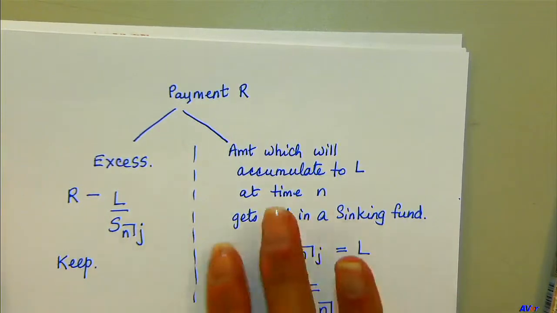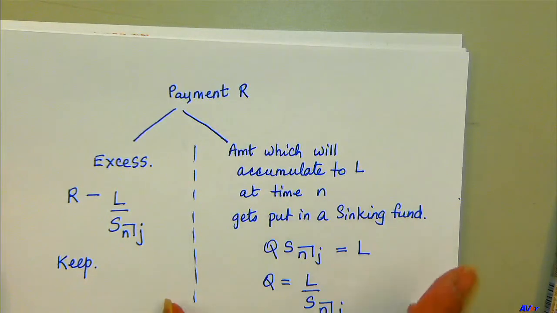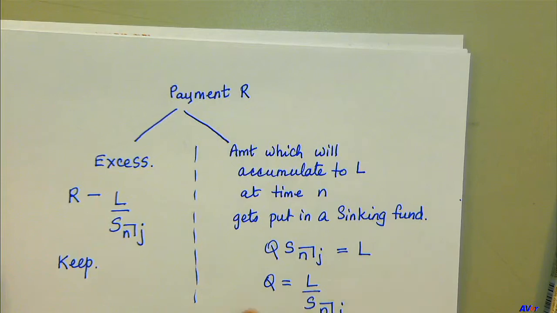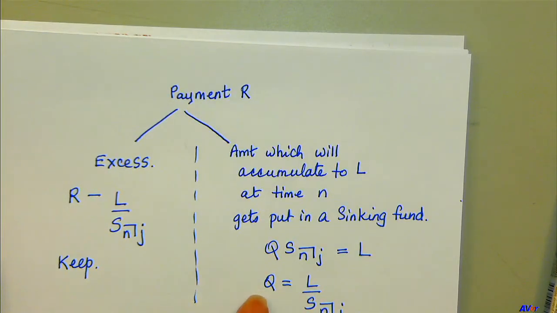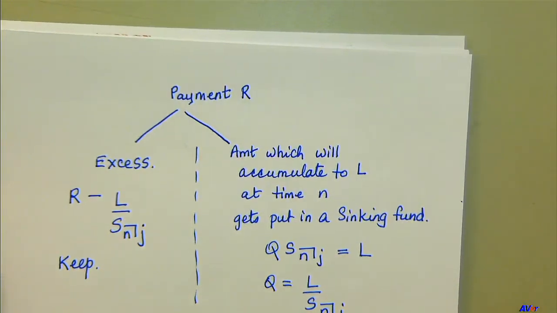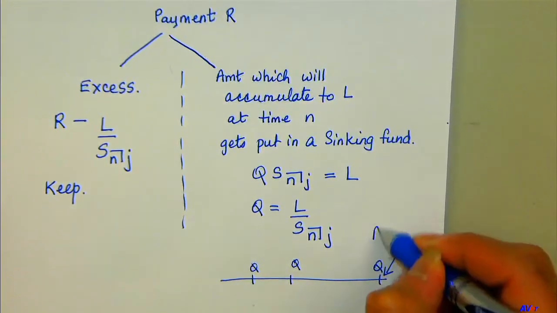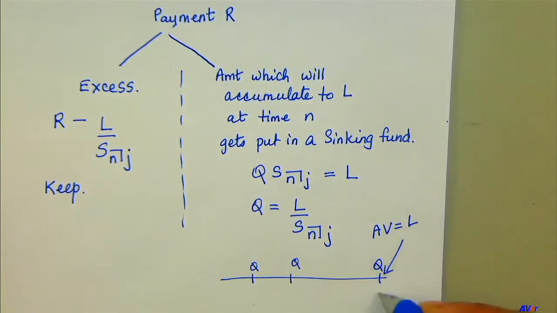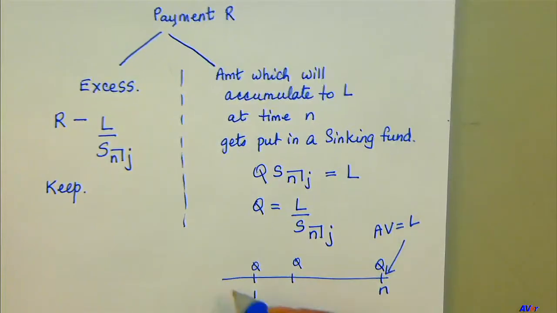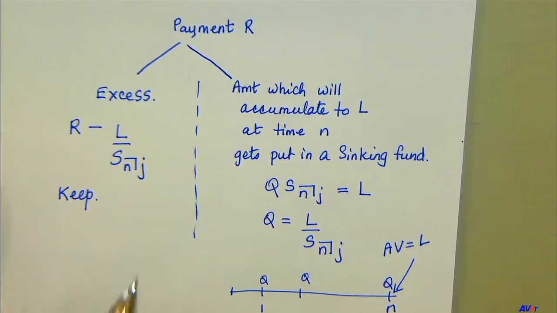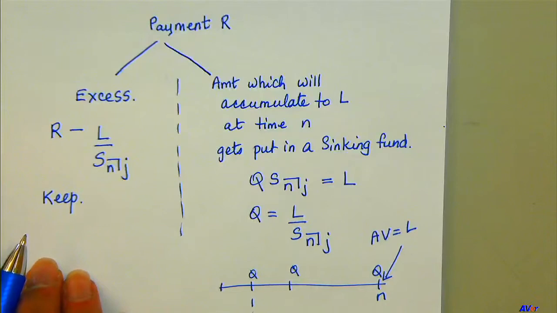One piece goes into a sinking fund to accumulate to the value of the loan. So that piece is going to be Q equals L over s angle NJ, because after all, these Q's have to accumulate to L at time N. Plus, there's another piece of the payment which they get to spend.